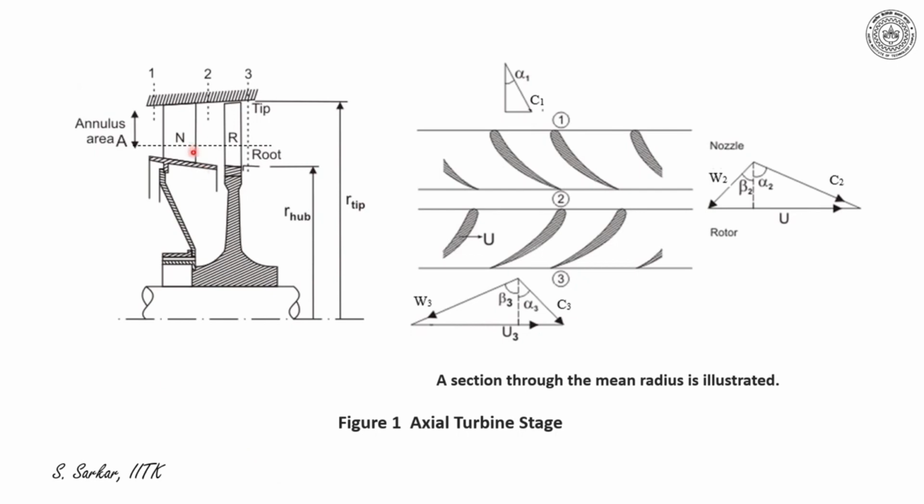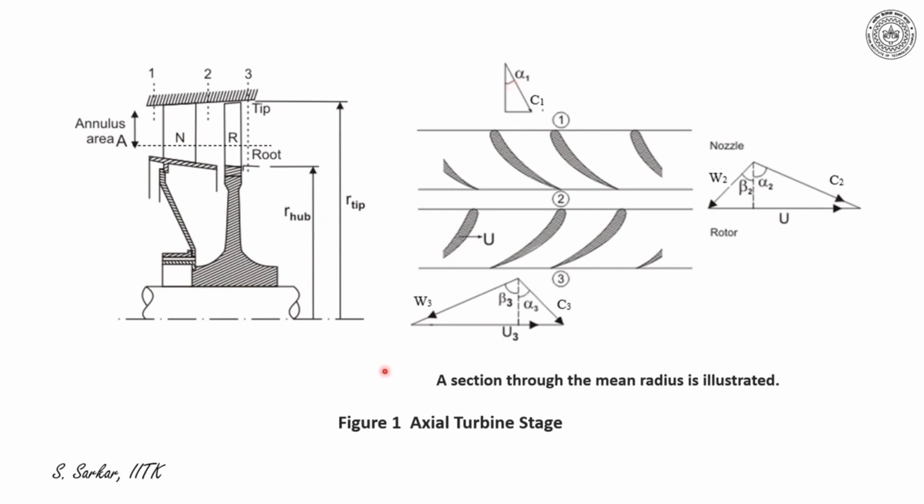Now if that section is stretched on a plane of paper, I'll get the blade profiles, and now let C1 be the absolute velocity at inlet to the nozzle that makes an angle alpha 1 with the x-axis.